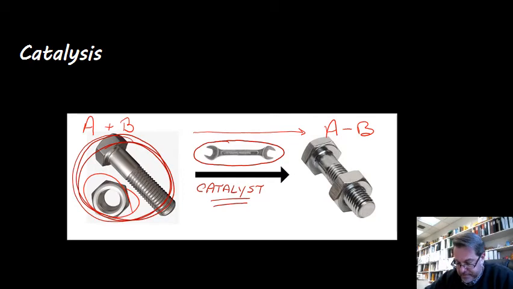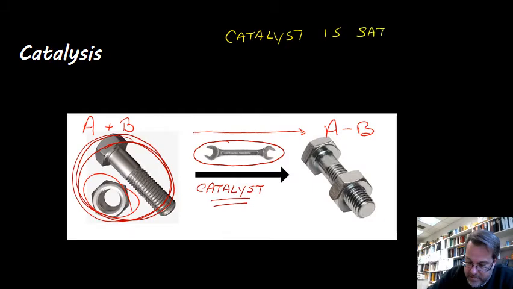Okay? If you have a situation in which all of the catalyst molecules are active at the same time, and there are a whole bunch of reactant molecules waiting, then we say that the catalyst is saturated, right?